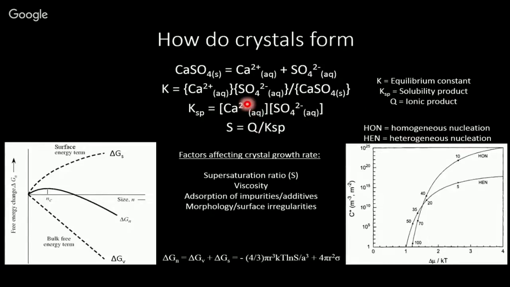Now, supersaturation can have values that are lower than 1, which means that the solution would be undersaturated. You won't have any precipitate forming under those conditions, or it can be above 1. So typically, if it's just slightly above 1, you still don't see any precipitation, because the solution can exist in a metastable state for very long periods of time.